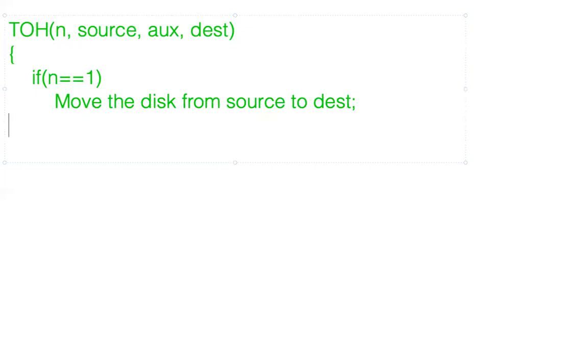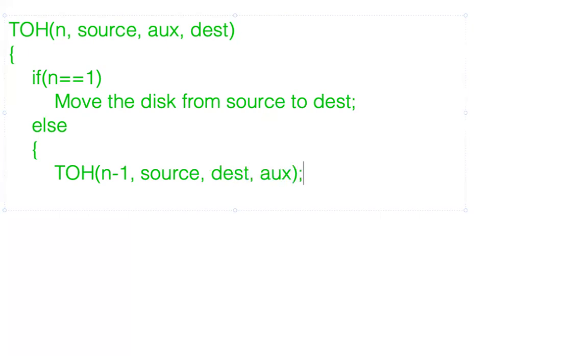Else, if this is not the case, then what do I have to do? I have to have 3 steps. What are the 3 steps? First I will call TOH recursively on n-1, source, destination, and auxiliary peg, that is the middle peg.